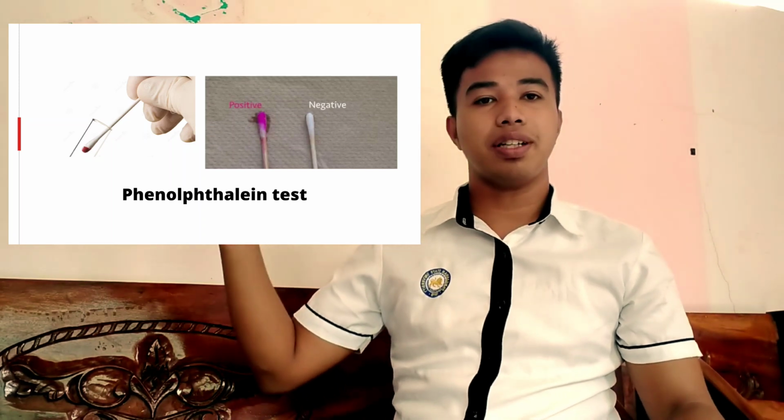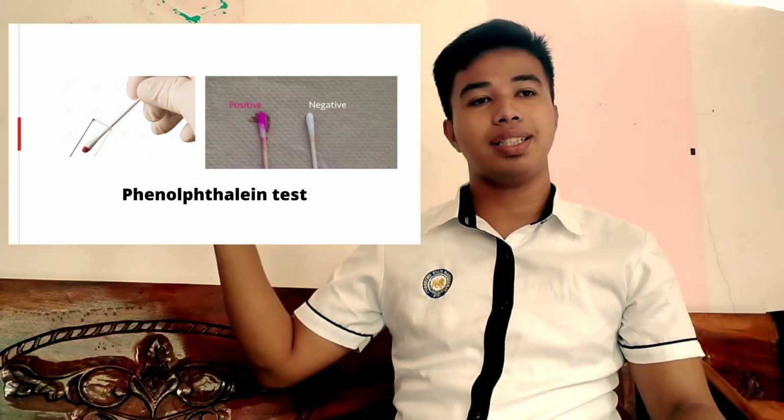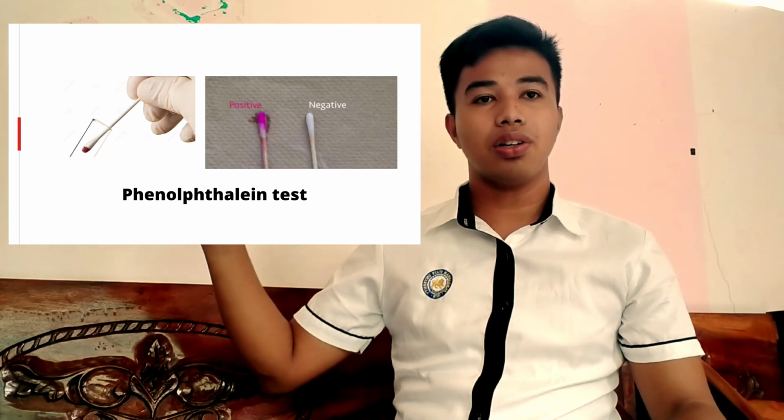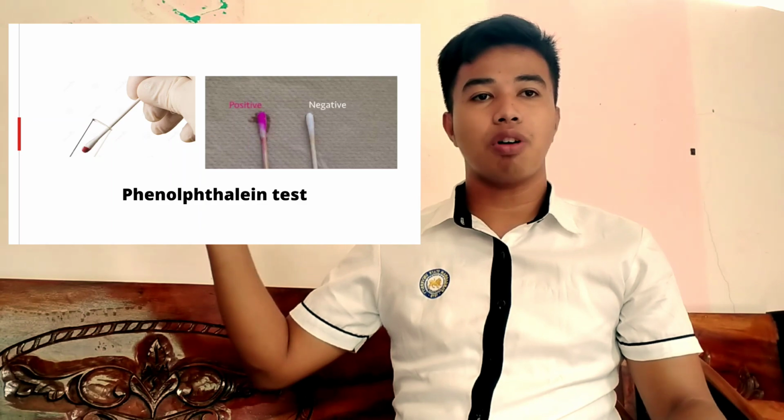As you can see the difference in the image, the one is positive, then the other is negative. Substances other than blood may produce false positive results. That is the Kastle-Meyer test or phenolphthalein test.